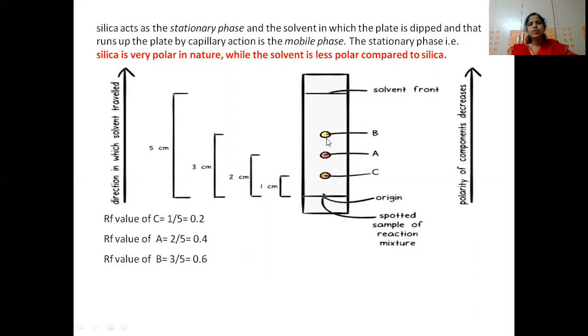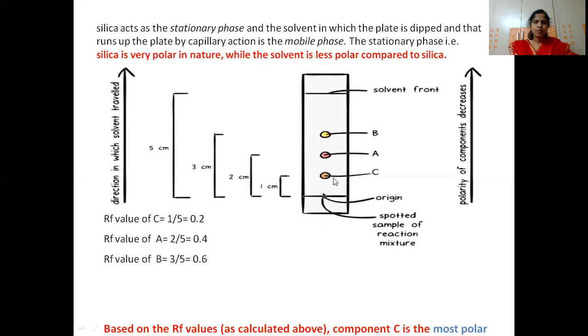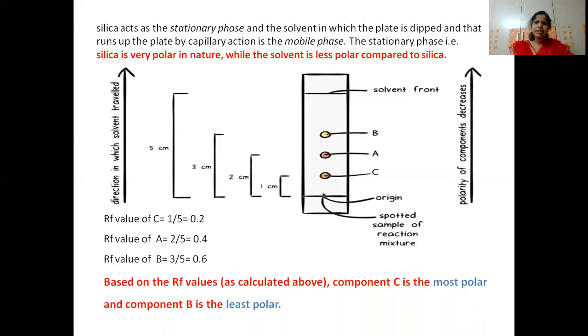So as it is less polar, then the affinity towards the adsorbent is less for B. So when the affinity of a particular compound is less, then the distance traveled by that component will be more. So by looking at the distance traveled by each and individual component, we can say that C is more polar and component B is less polar. So this is how we can easily identify the polarity of the components in TLC.